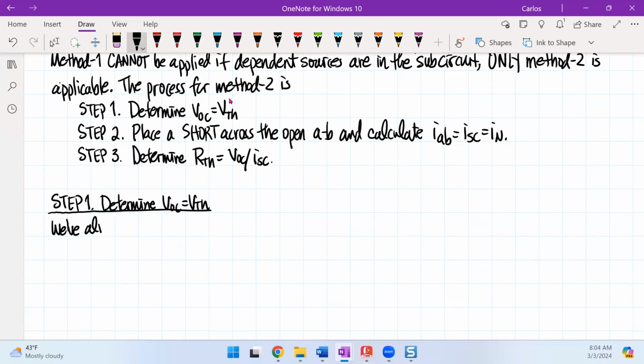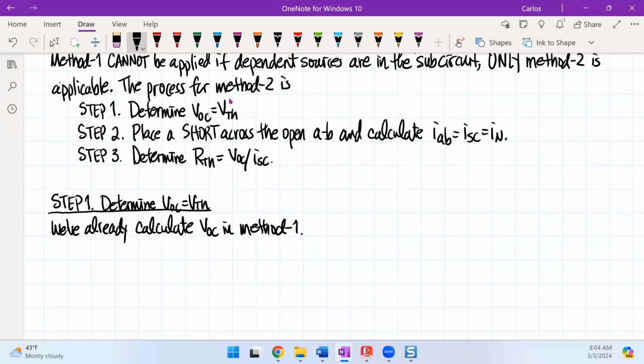We've already calculated VOC in method 1, which is exactly the same thing.